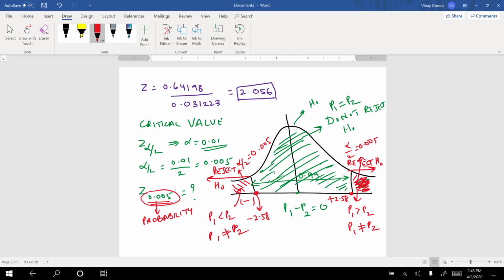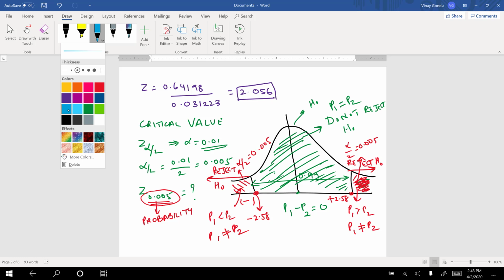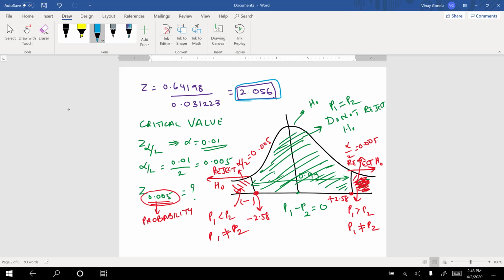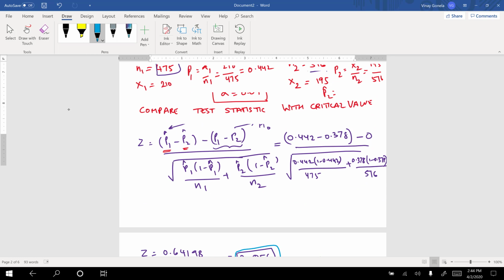Now that I have the critical values, I'm going to look at where my z value lies on this number line. I'm looking at where this 2.056 is. This is 2.5, so 2.056 would be somewhere here. That means it's in the do not reject H null region.